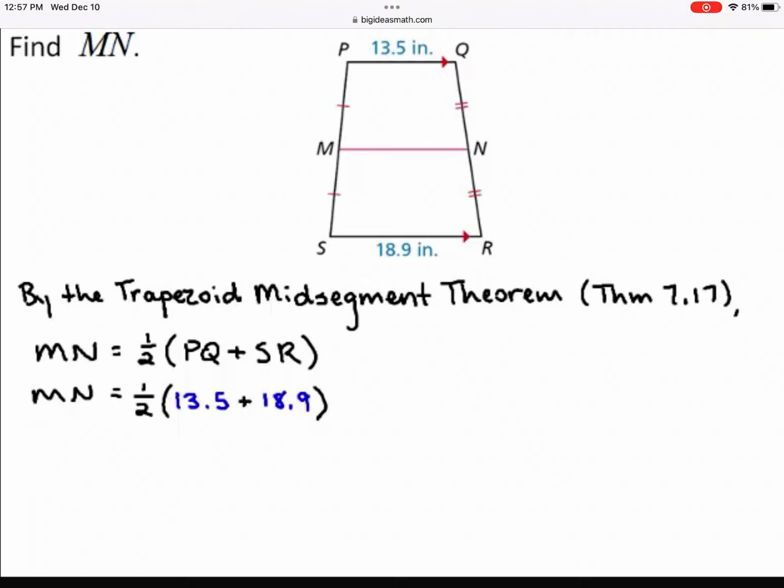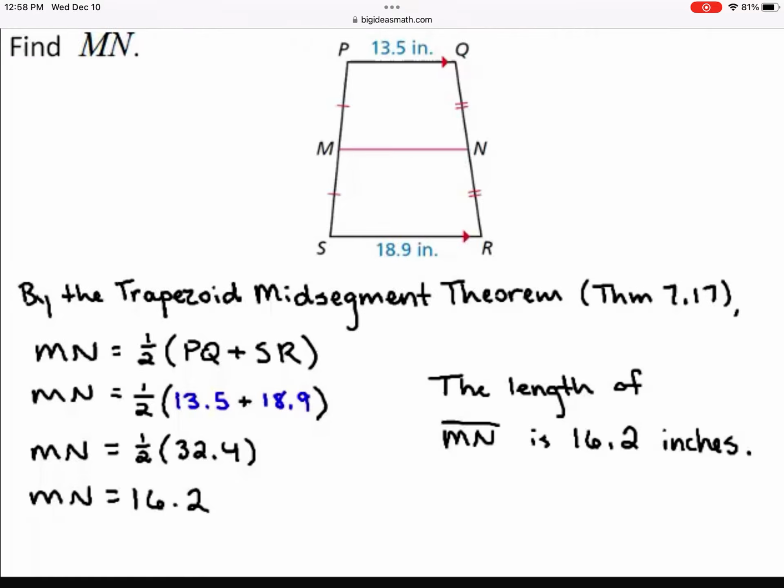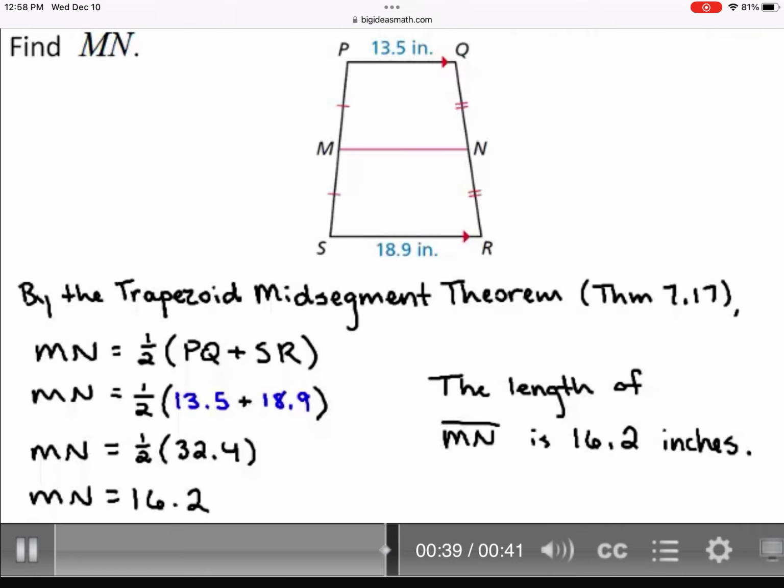Adding 13 and 5/10 and 18 and 9/10 gives MN equals 1/2 times 32 and 4/10. Simplifying gives MN equals 16 and 2/10. The length of line segment MN is 16 and 2/10 inches.